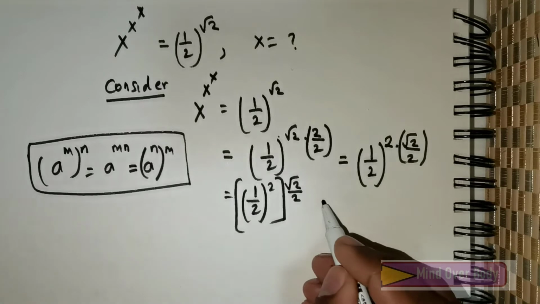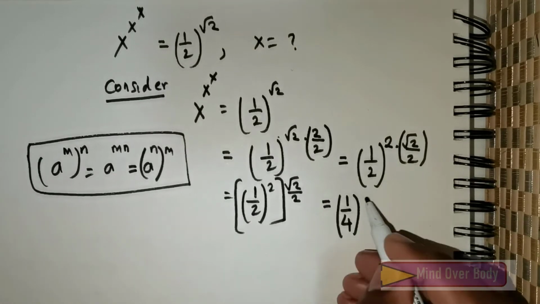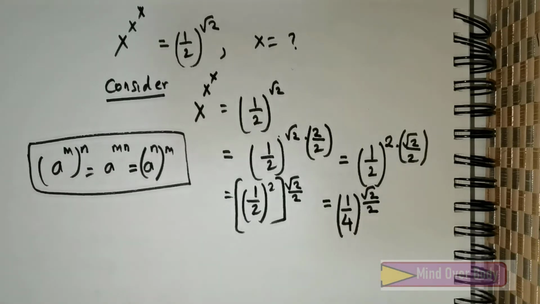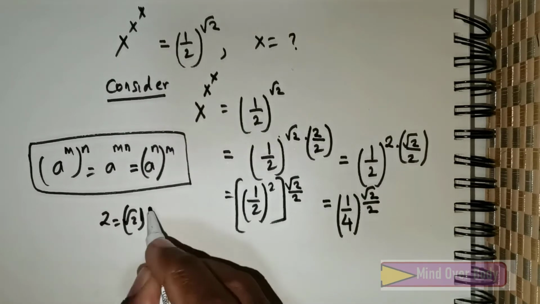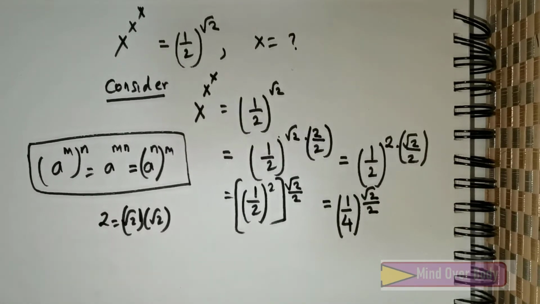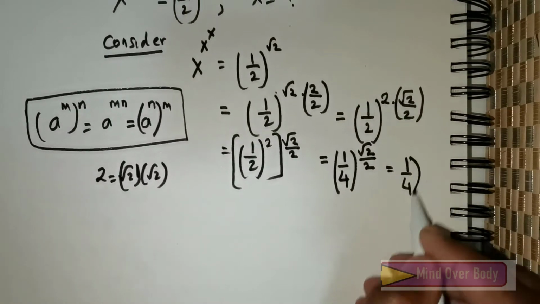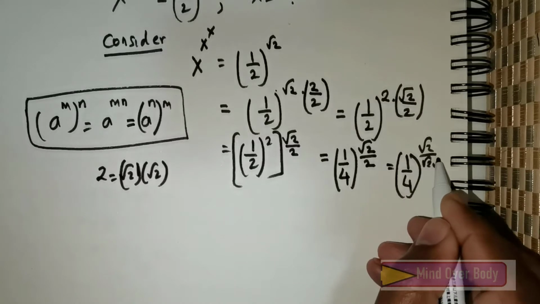Now 1 over 2 squared is going to be 1 over 4. Now this is raised to the power root 2 divided by 2. Now 2 is root 2 multiplied with root 2, right? So if that be the case, then I've got 1 over 4 raised to the power root 2 divided by root 2 times root 2.